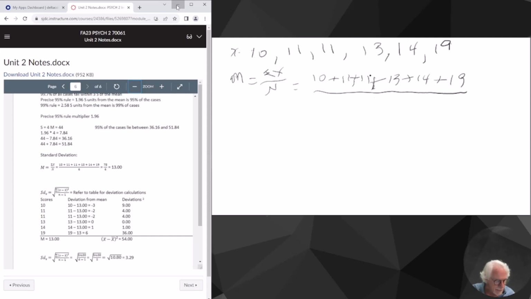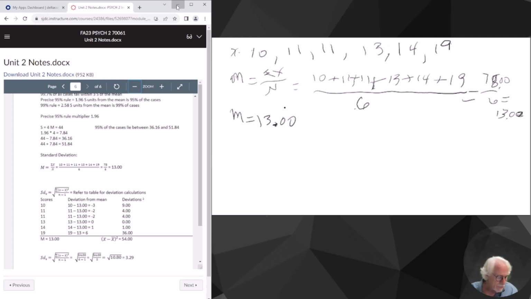In this case, we want n, not n minus 1, because this is the mean. So this is equal to 78 over 6, which is equal to, I'm sorry, running out of board, 13. So m equals 13. That's a dot, not a comma. Sorry about that.